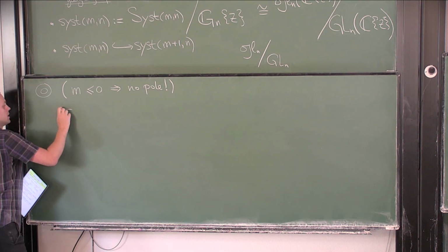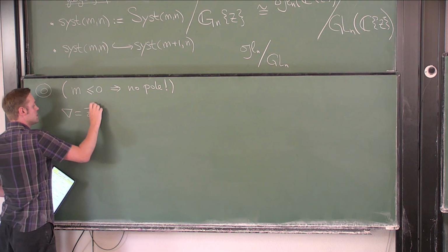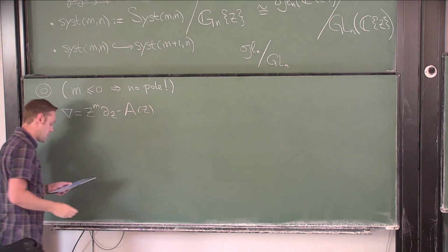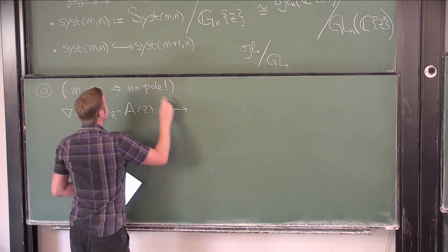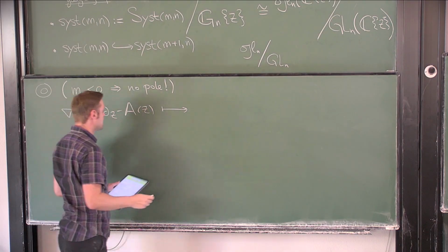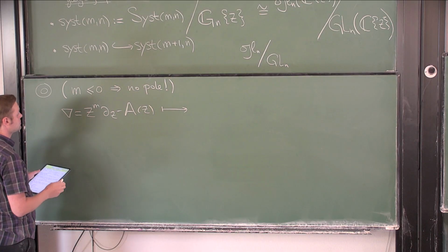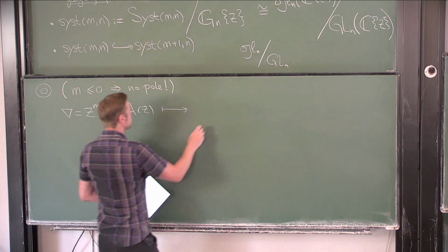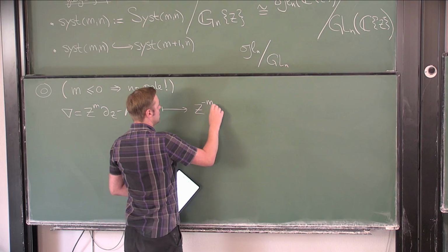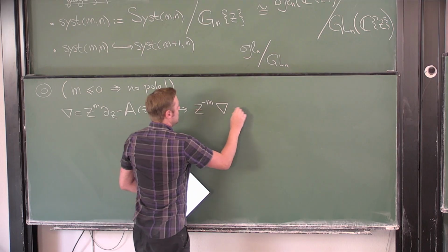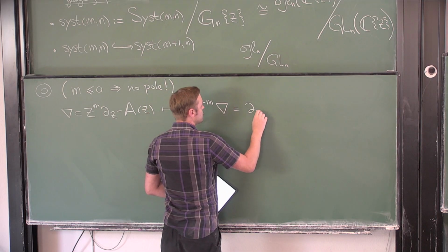So in other words, I have this system, z^m del z minus some matrix A. And by using this map that we just discussed previously, I can multiply through by z to the minus m and get a system of this form.